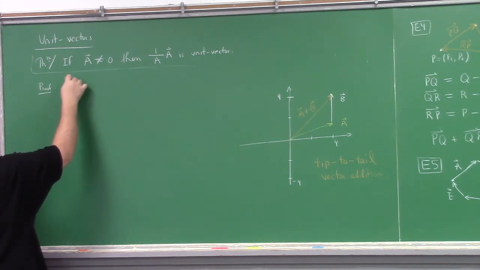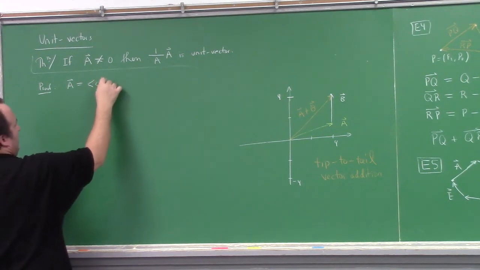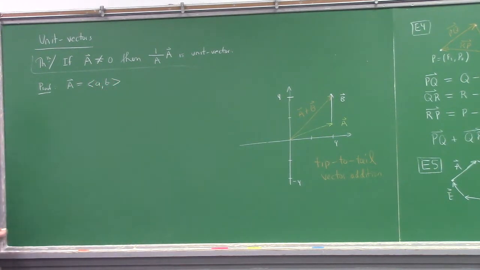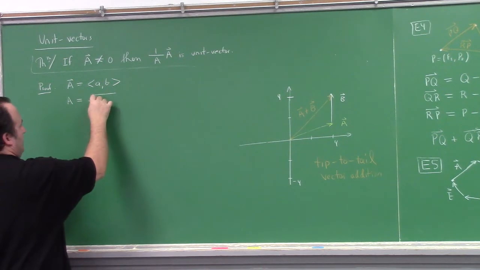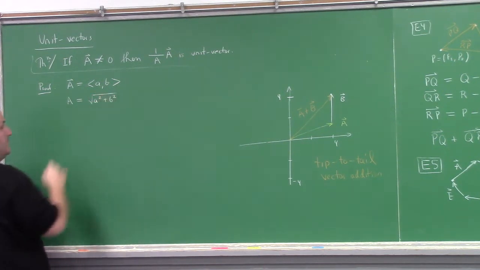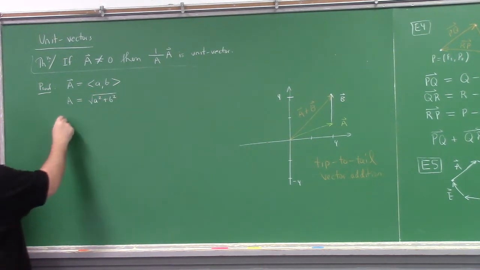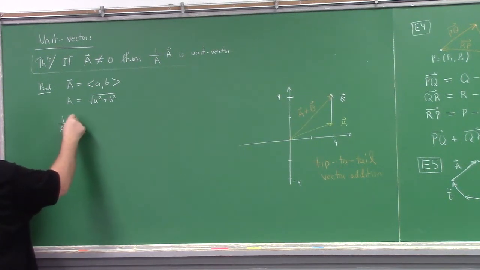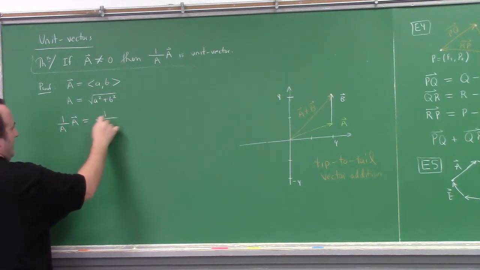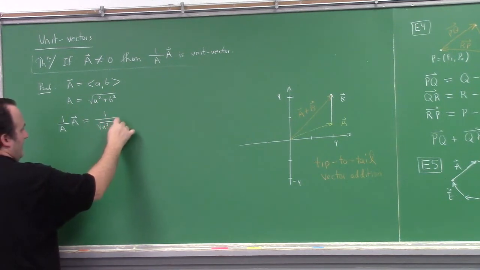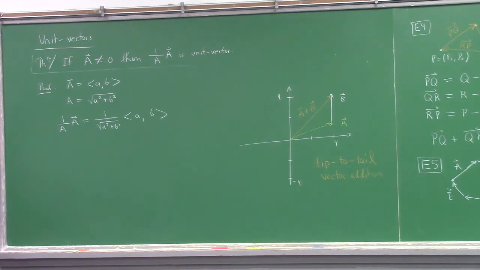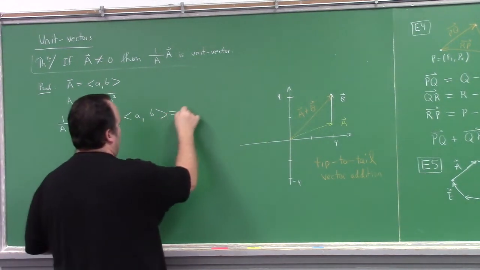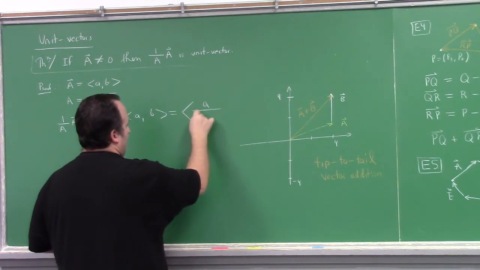Let A equal (a, b) for convenience of this proof. If A is (a, b) in terms of components, what's the length of A? Square root of a squared plus b squared, right? So what is 1 over the length of A times A? By definition of scalar multiplication, it is (a over the square root of a squared plus b squared, b over the square root of a squared plus b squared).